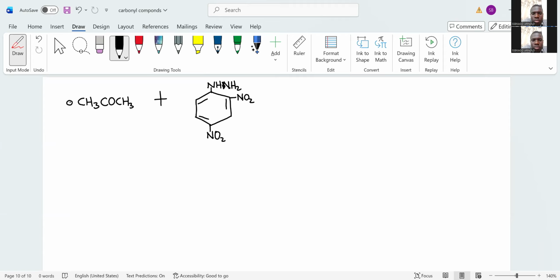You should prioritize it amongst all the other things, physical properties, nomenclature, because it is very common also in practicals. It's used to confirm the presence of the carbonyl functional group, as we shall see in time to come.